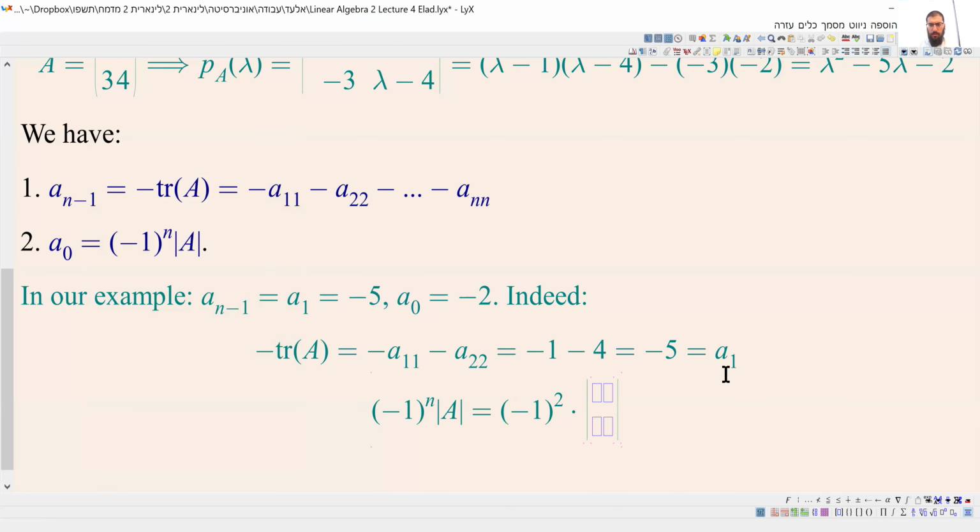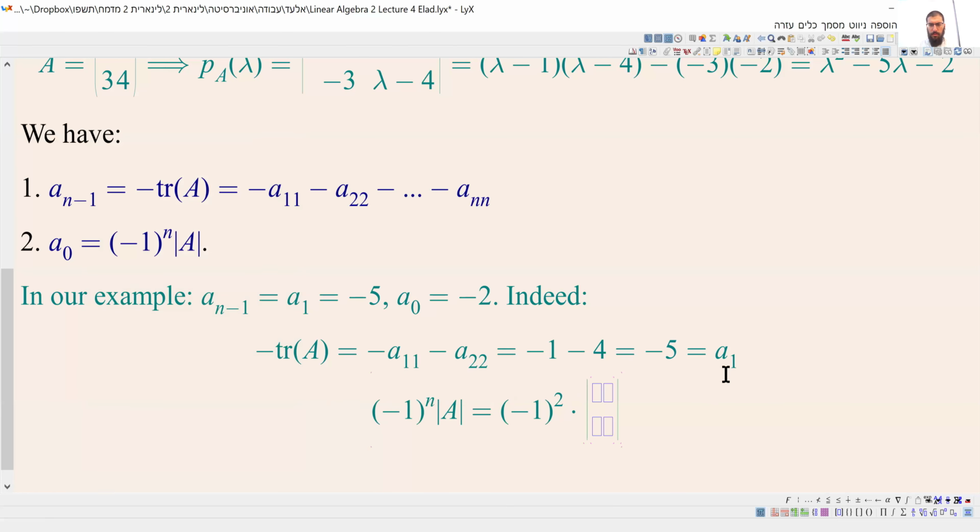So let A be a matrix of order n, and let lambda be an eigenvalue of A. We define two important notions about eigenvalues.